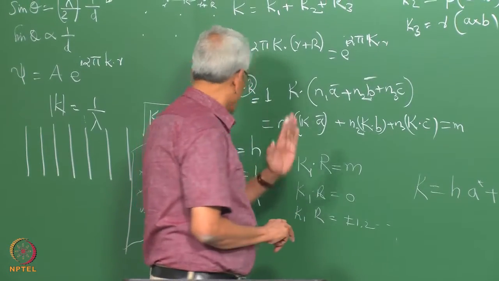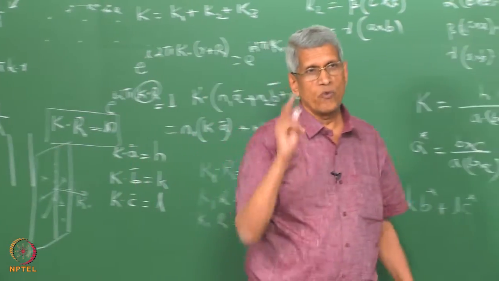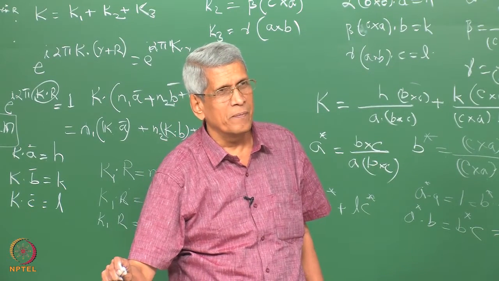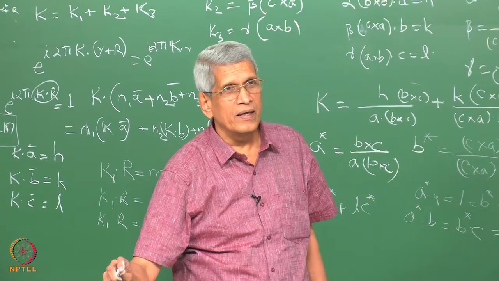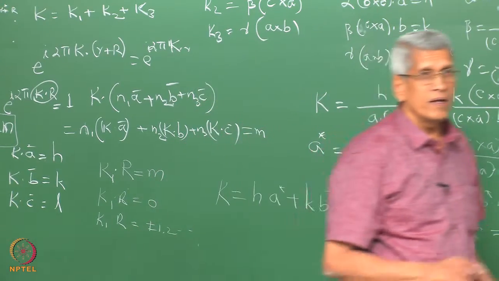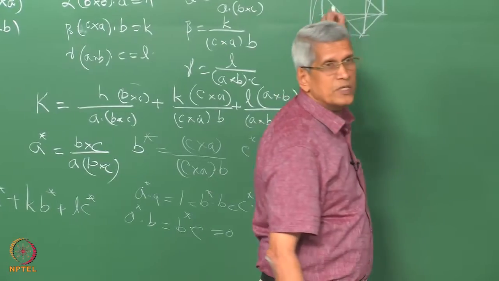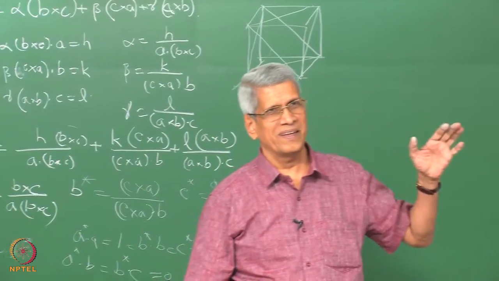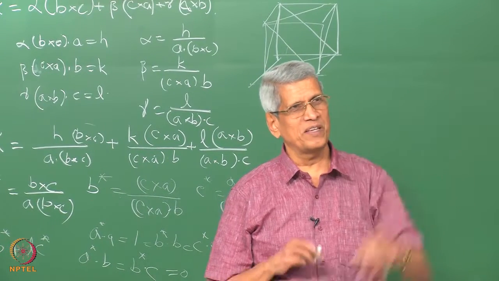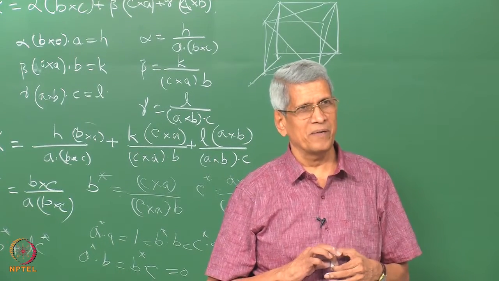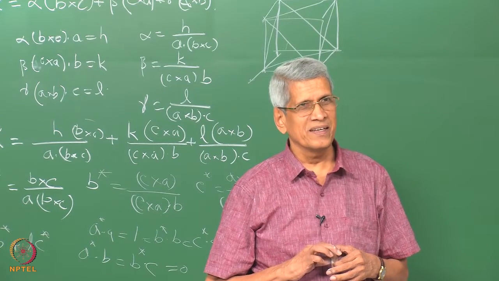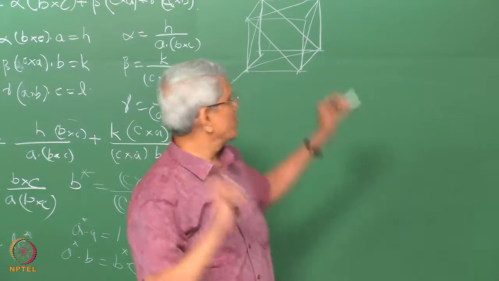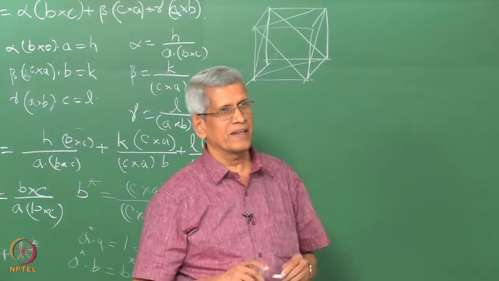What does k1 dot r equals 1 represent? It will represent a plane which is parallel to it, nearest to it. All the atoms in that plane will satisfy that condition for the same k1. Similarly, k1 dot r equals 2 will represent the third plane like this.